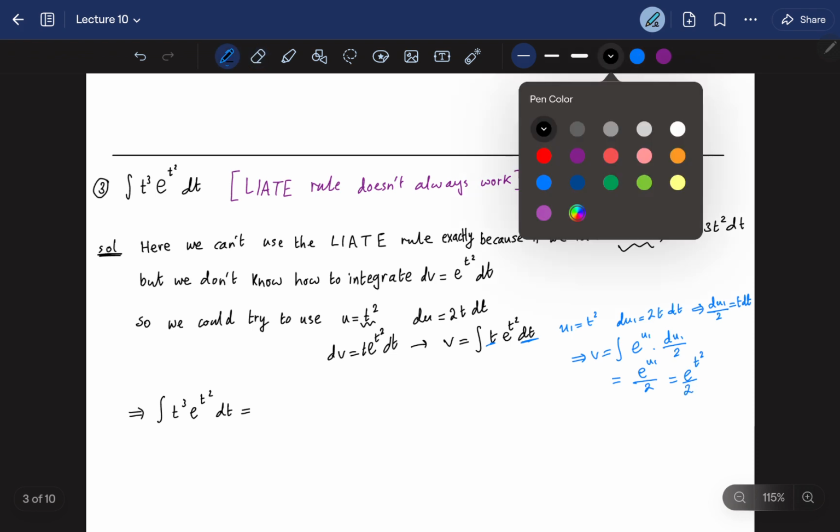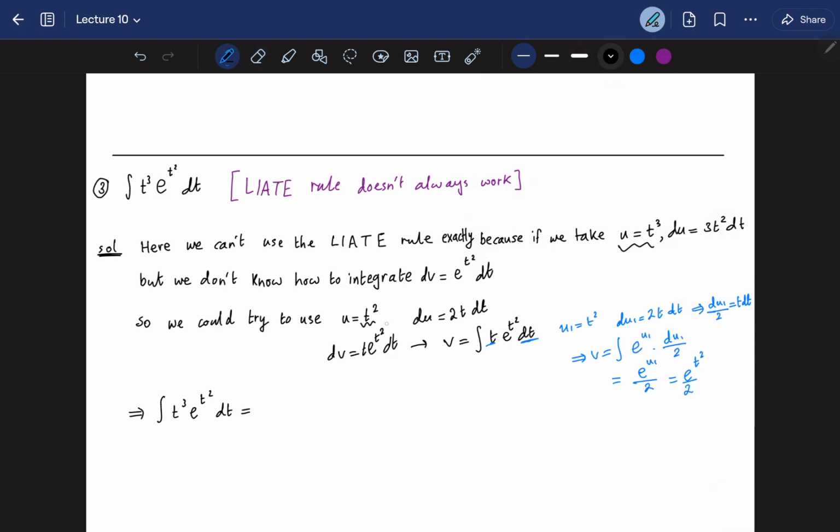So now, if you put it back using the formula, u times v minus the integral of v du, we're going to get t squared e to the t squared over 2 minus the integral 2t e to the t squared dt. But if you look closely, this integral that we got here requires integration by parts again, because we did not get to a point where we know the value of the integral directly.